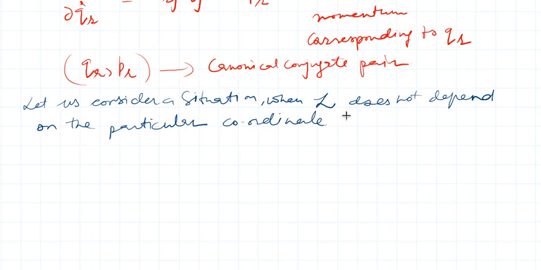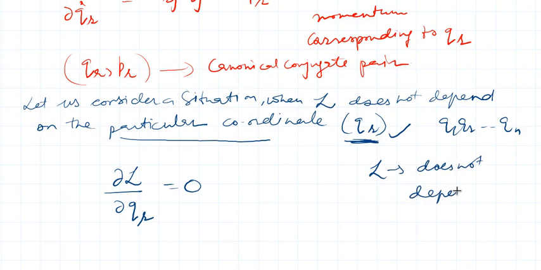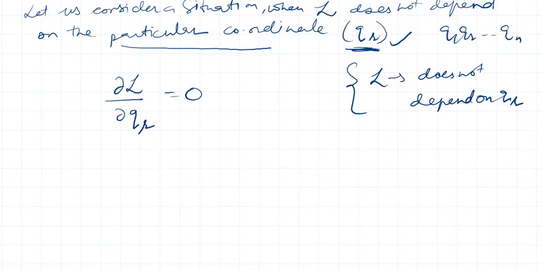Means for a particular generalized coordinate Qr, out of the large number of coordinates Q1, Q2 and so on up to Qn, L does not depend upon Qr. Then I can say that its partial derivative with respect to Qr is always 0, because L does not depend on Qr.